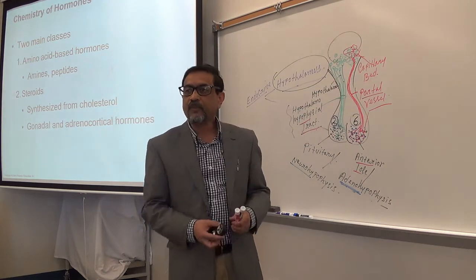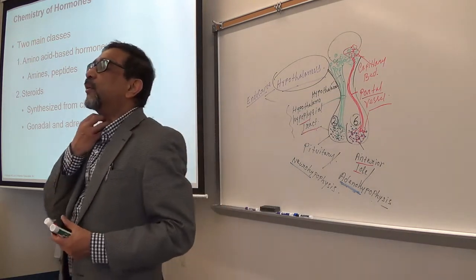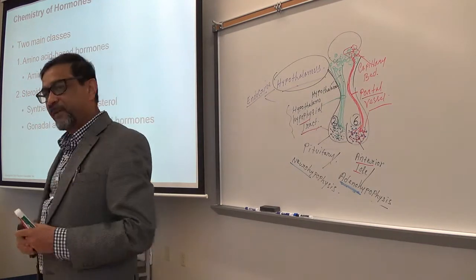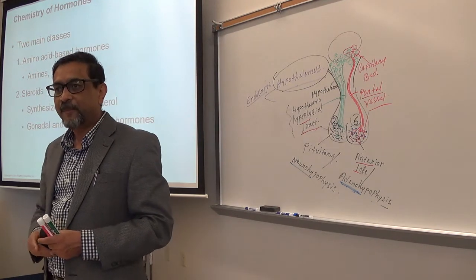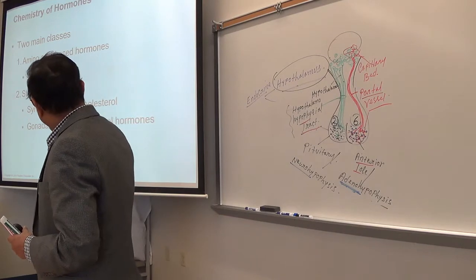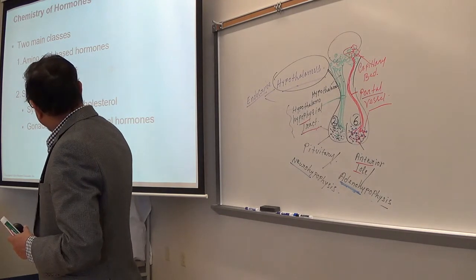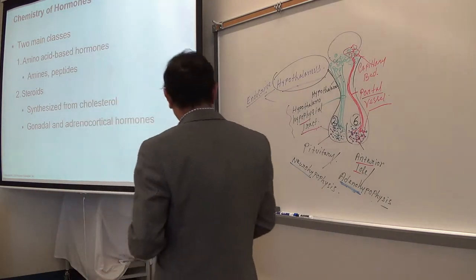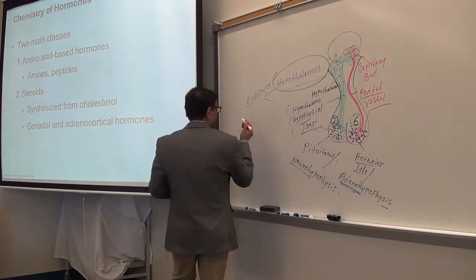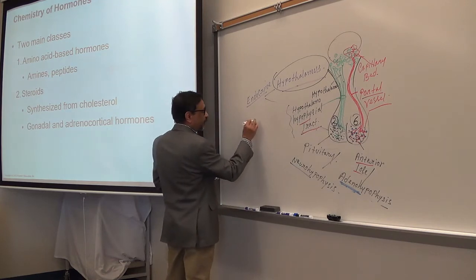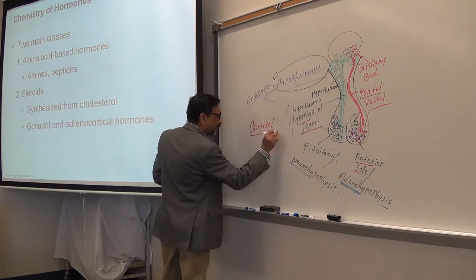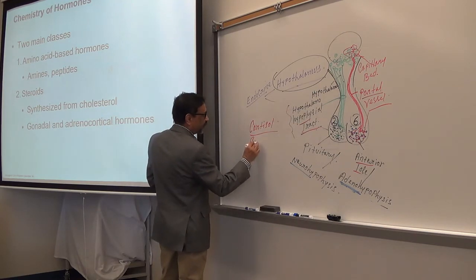Example, thyroid hormone is an amino acid based hormone. Your adrenal gland releases a hormone that is called cortisol. Another is the sex hormones.